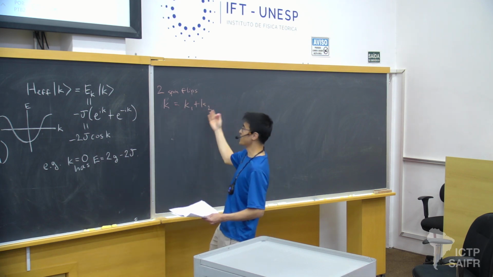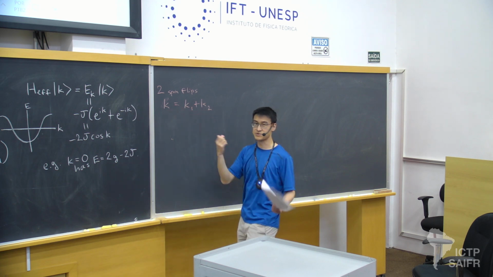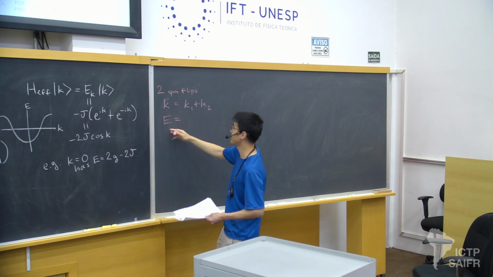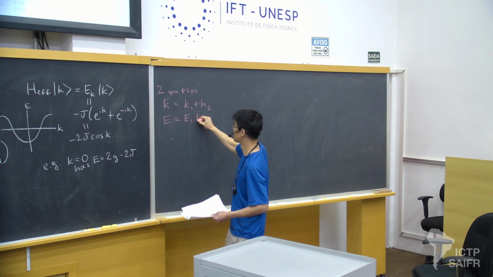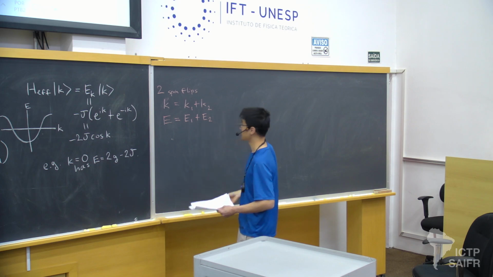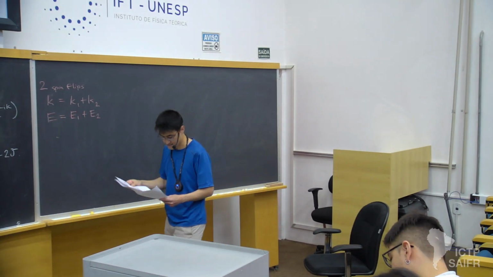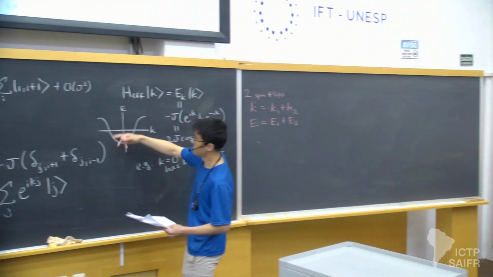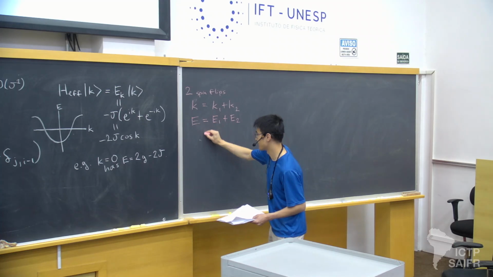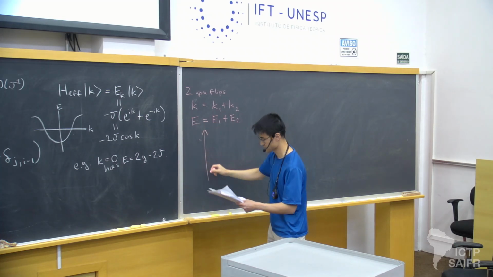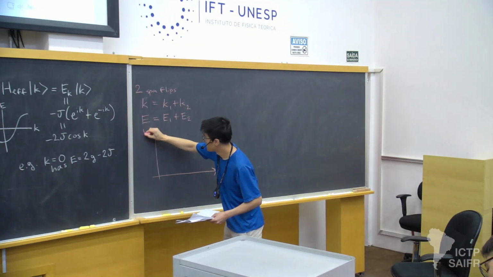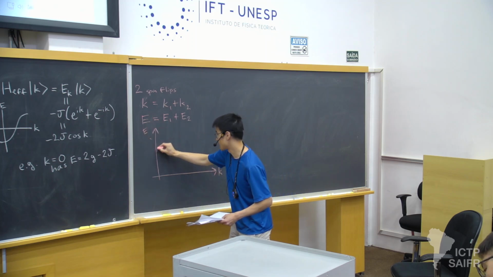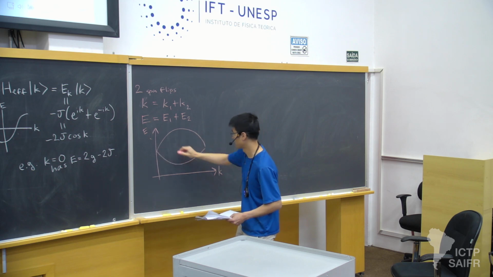And there are different ways to decompose the total momentum into k1 and k2, right? This is a degree of freedom now. And so there'll be different possible total energies as a result. Okay. So you can check that now instead of a band of excitations, one actually has a continuum of excitations.